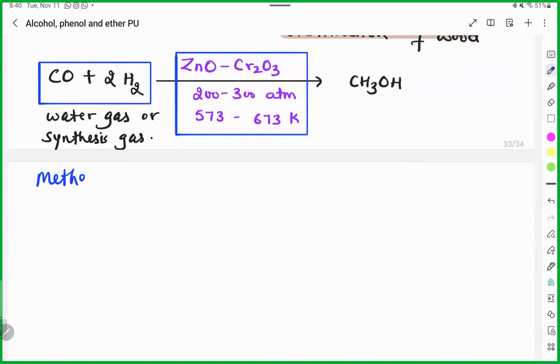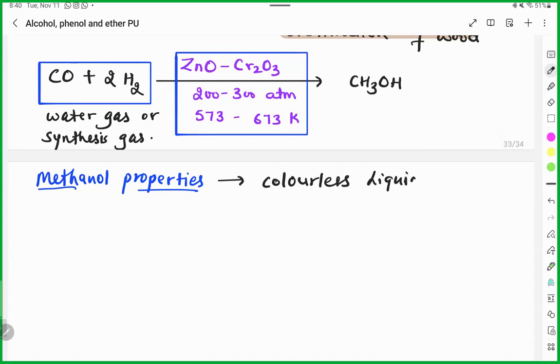Seriously, only in the board, not in CT. What are the properties of methanol? Do you think methanol is colorful? No, it's a colorless liquid, because if we are applying spirit, it means it is a liquid. Can we boil it easily compared to water?